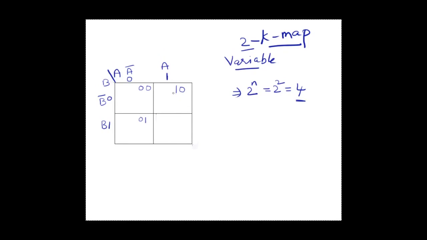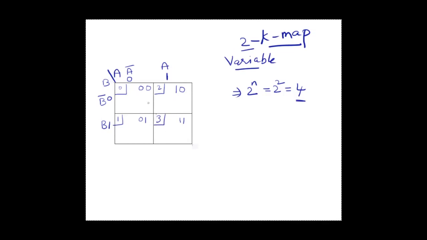Here A is 1 and B is 1. So 0 and 0 means this is 0 itself. 1 and 0 means 2. 0, 1, I can write as 1. This is 1 and 1, which means 3. So there are a total of 4 cells: 0, 1, 2 and 3.